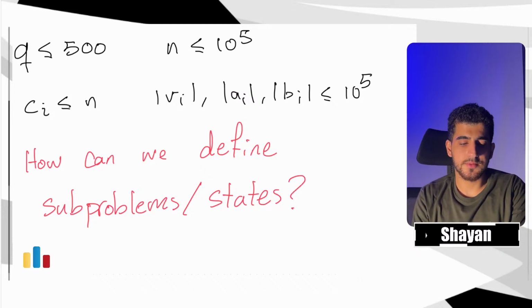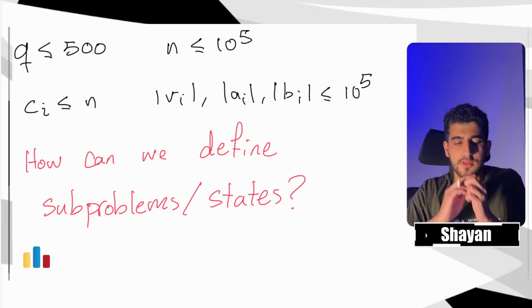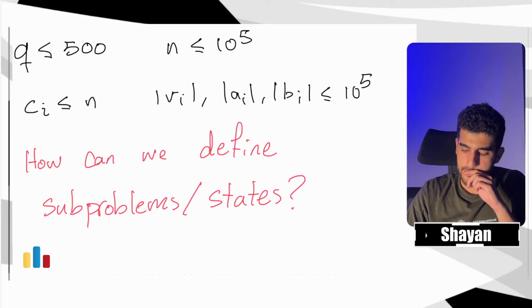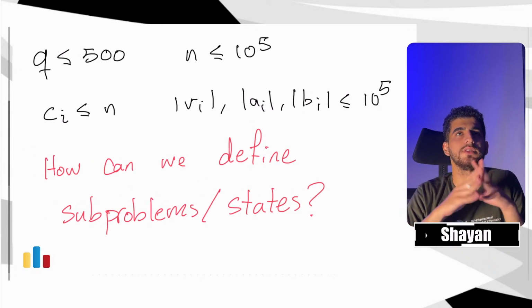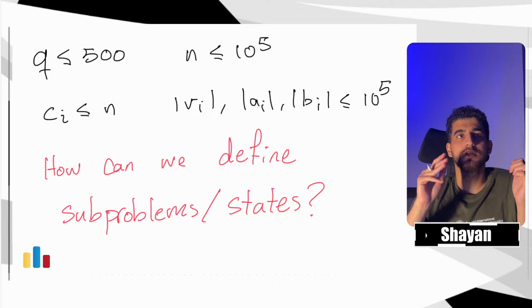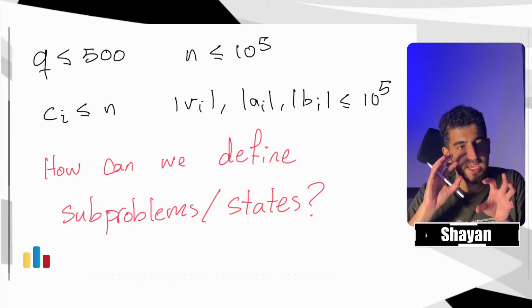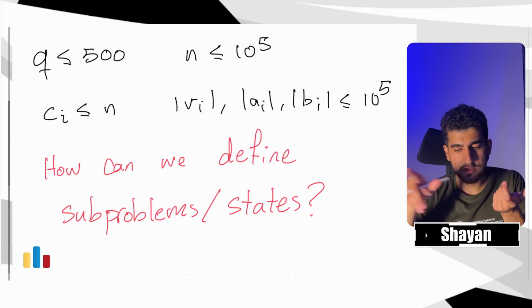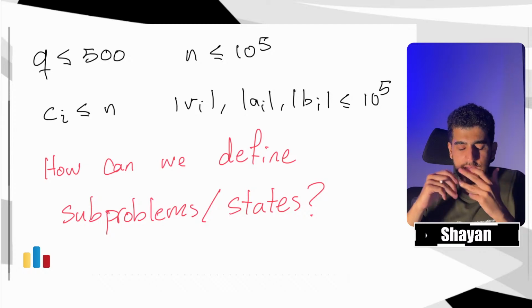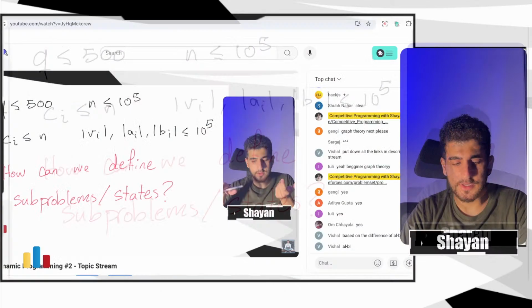How can we define subproblems on this problem? Do you have any idea? The point is that we want to maximize the value of a subsequence, and we only care about the relative color of each two consecutive balls. So what can be the definition of our DP in this problem?